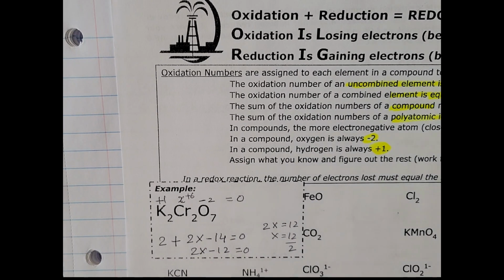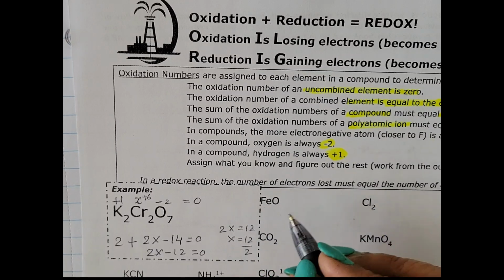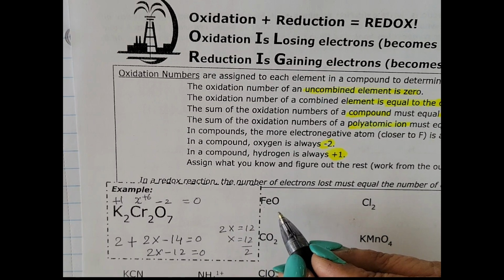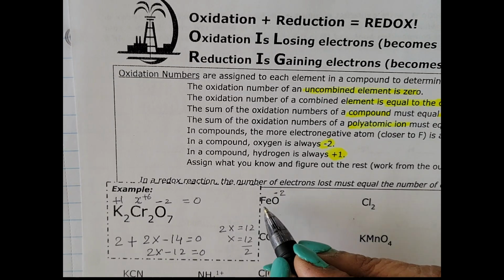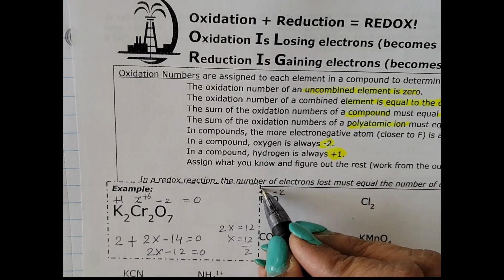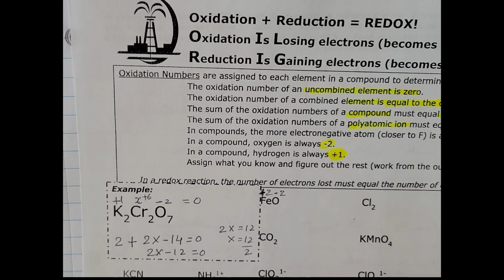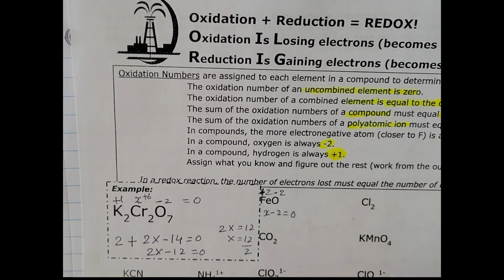Good? Let's try the next one. FeO. We can do mental calculation here because that is not a complex molecule. Oxygen is what? Negative 2. So this will be what? Positive 2, because what added to negative 2 gets 0? Or if you need an algebraic equation, write X minus 2 equal to 0.